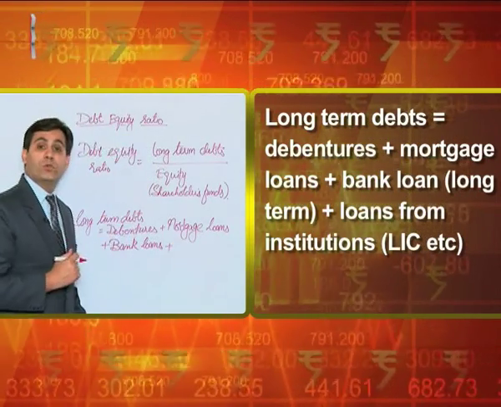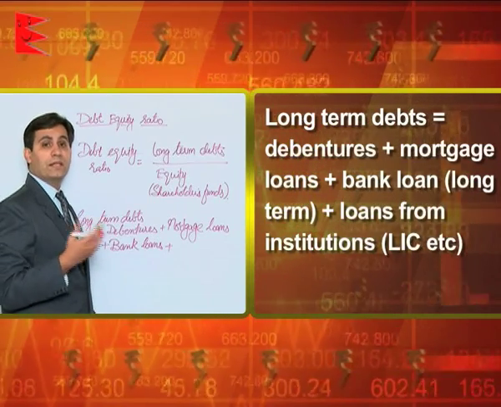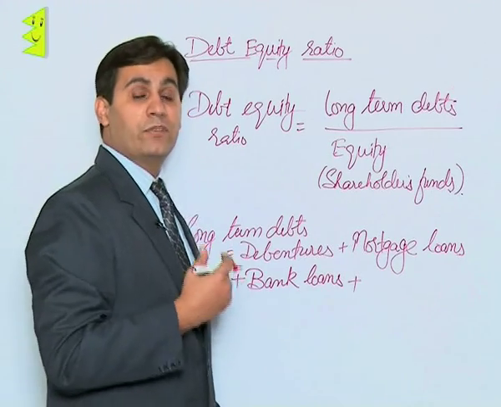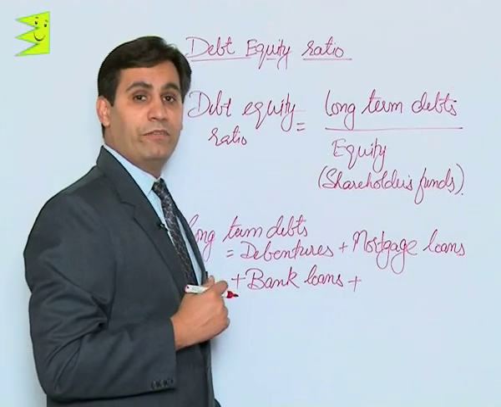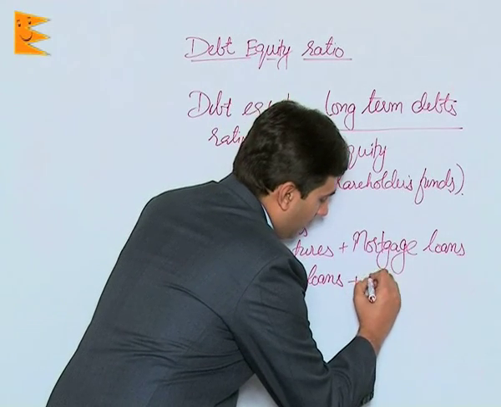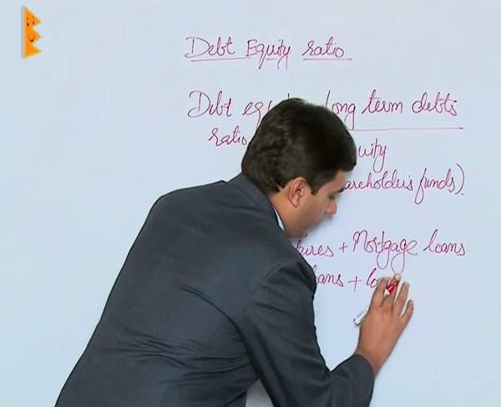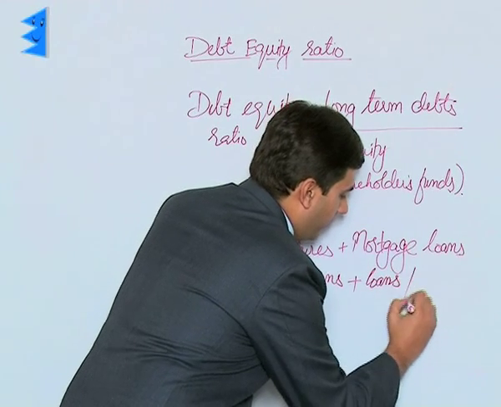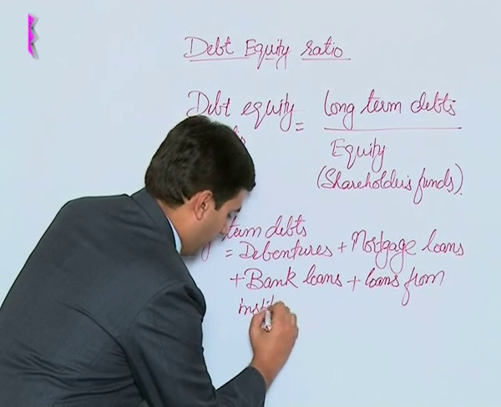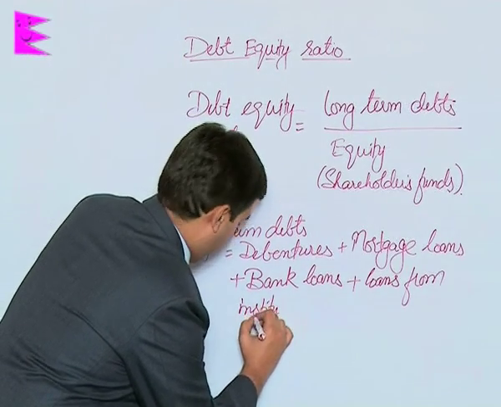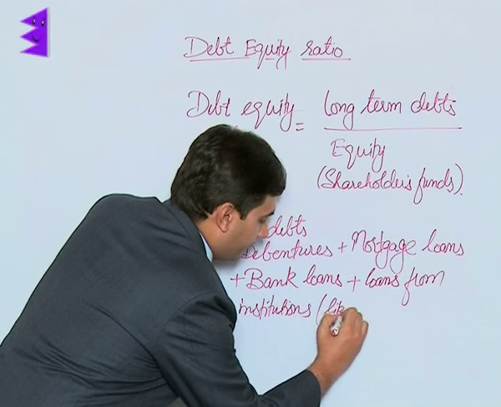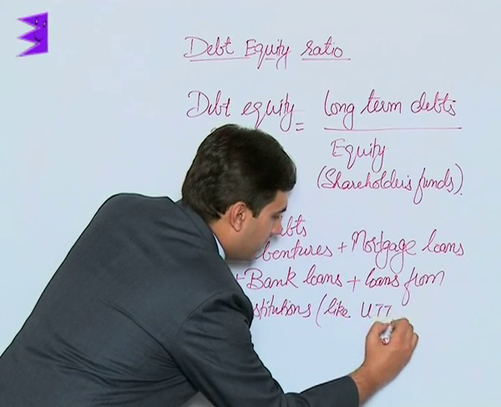loans from institutions. By loans from institutions we understand that there are lots of financial institutions like UTI, LIC which lend on long term basis. So when we take loans from these institutions, we will put that as loans from institutions, like UTI, LIC and so on.